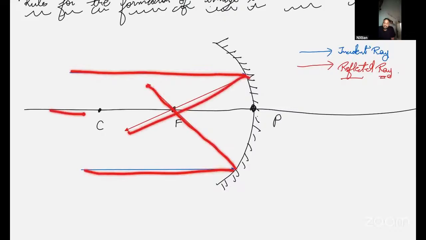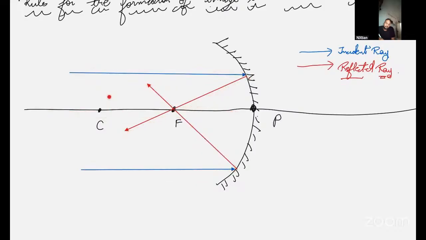Now this is the principal axis. If it is parallel to that, then after reflection, it will go through the principal focus. Can you repeat that? Yeah, I will dictate that part. But first, try to understand this.